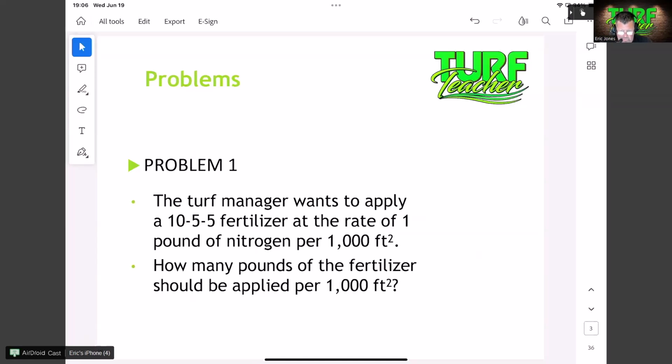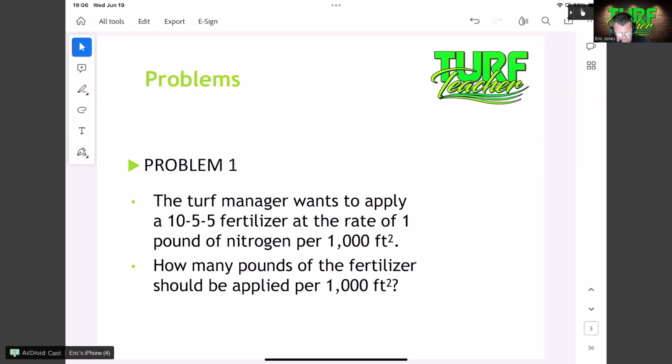The turf manager wants to apply a 10-5-5 fertilizer at the rate of 1 pound of nitrogen per 1,000 square feet. You're going to see that label rate on a lot of things that we do. Everything is calculated in those 1,000 square feet. That's why I like taking whatever my problem is, if we have an 8,000 square foot lawn, I still want to know what it is per 1,000 square feet.